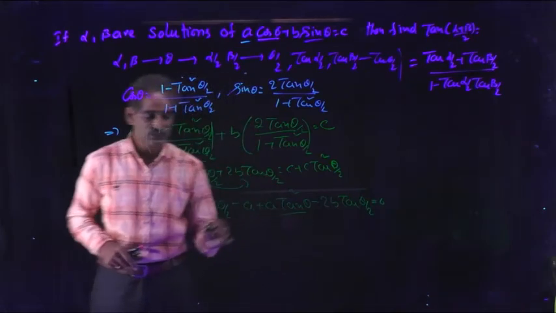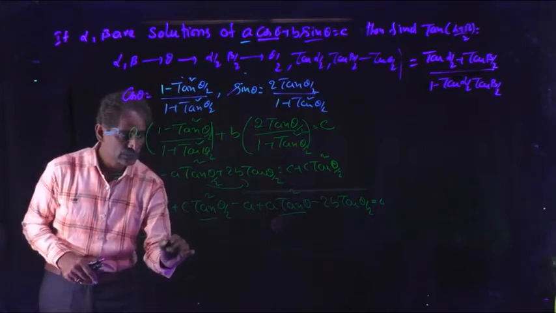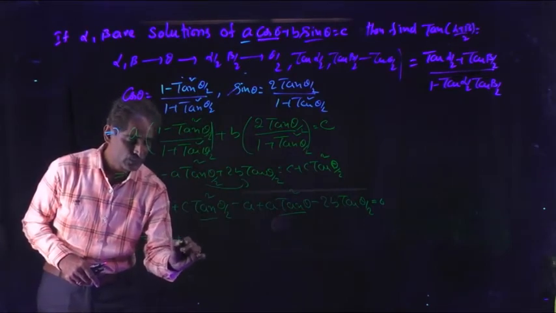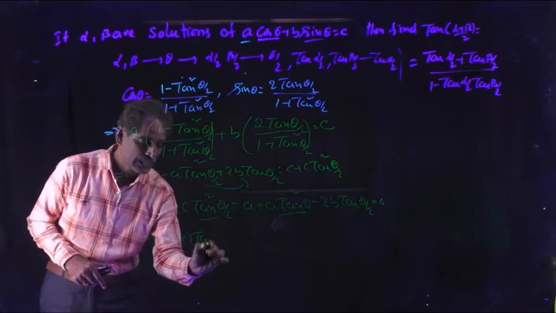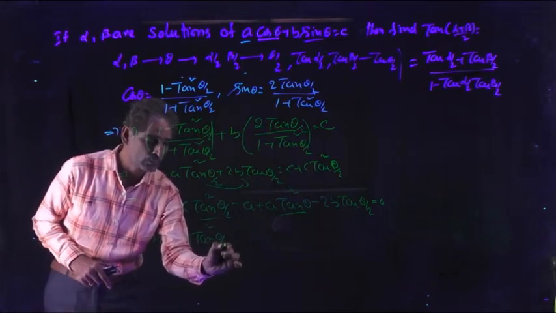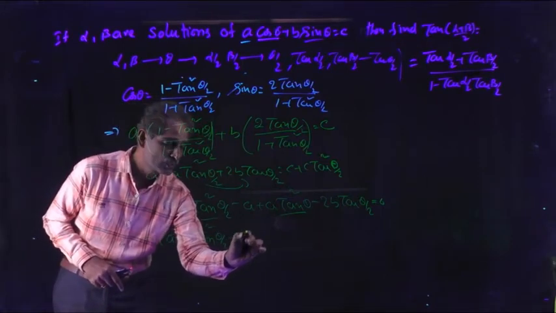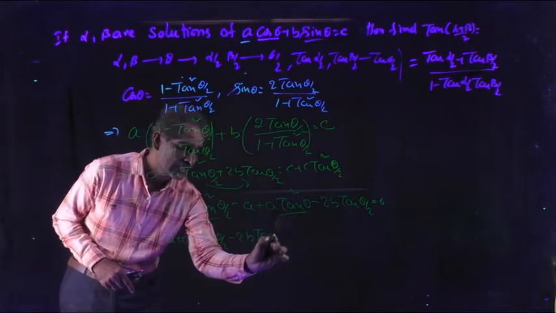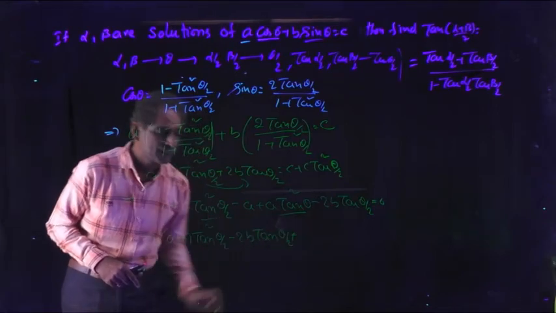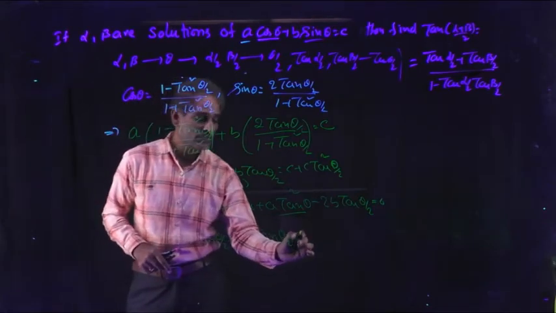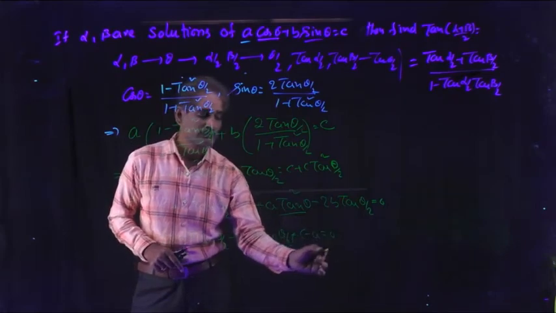Now take tan square theta by 2 common, then we get (a plus c) into tan square theta by 2, minus 2b into tan theta by 2, plus (c minus a), equal to 0.